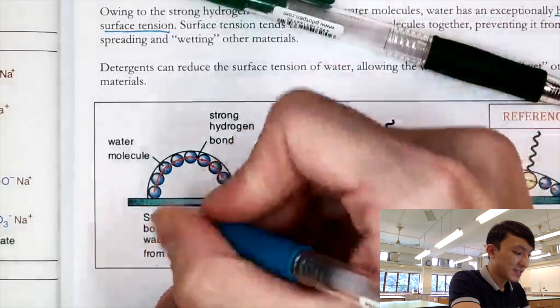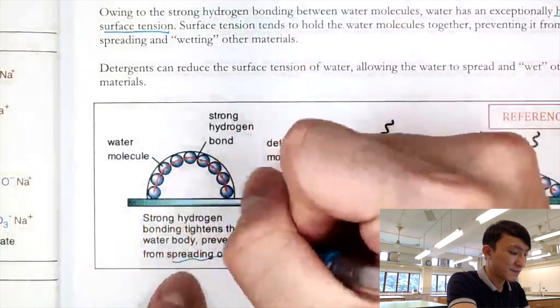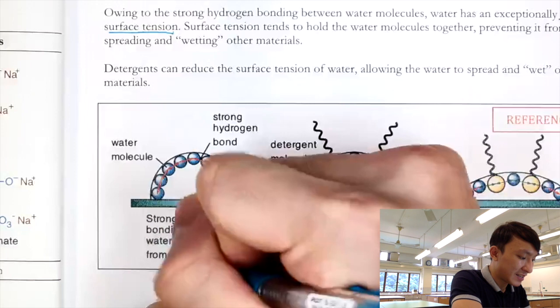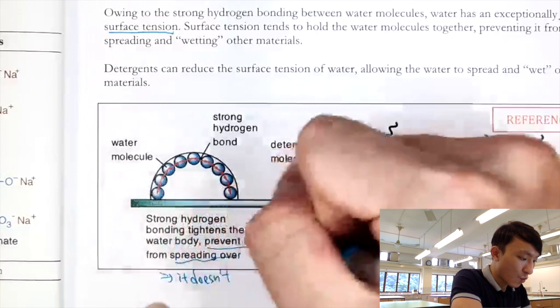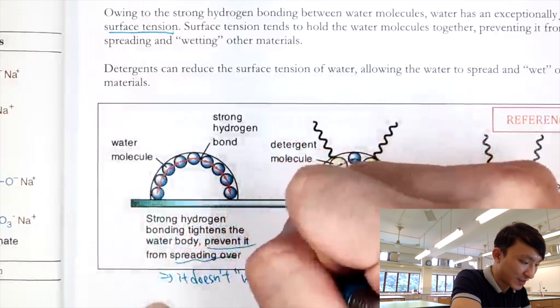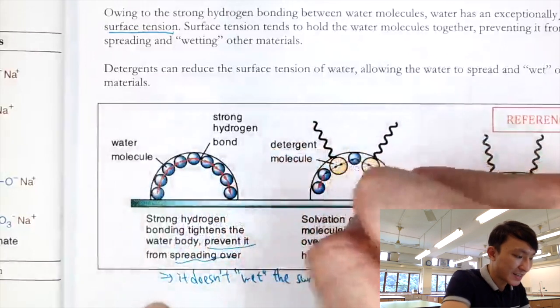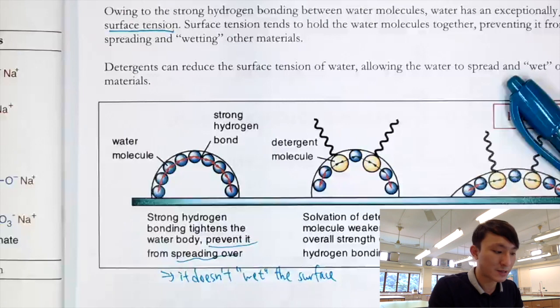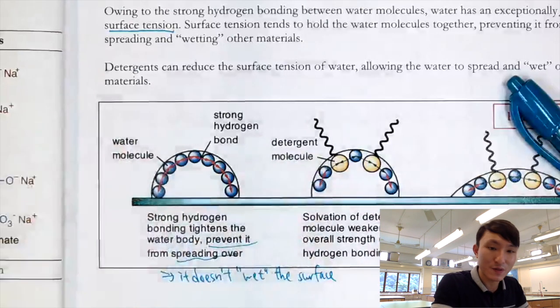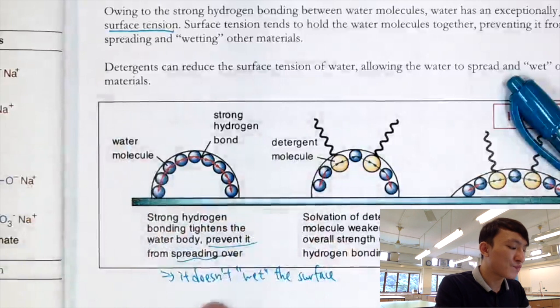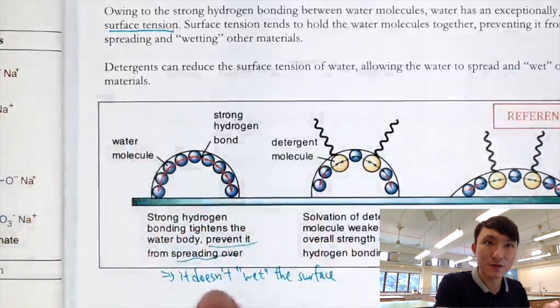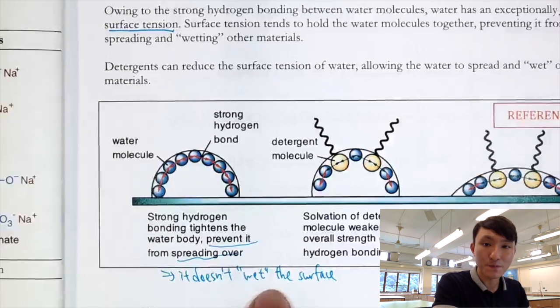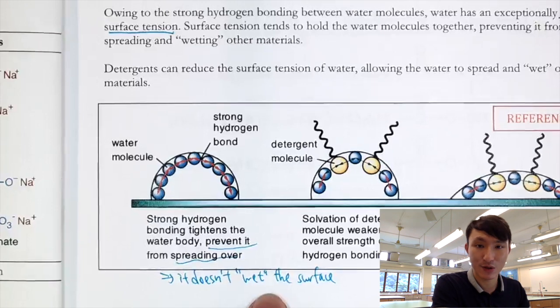Since it does not spread, it doesn't wet the surface. If this water droplet were able to spread over the surface, then the surface would be wet. Because it tightens up into a sphere, it does not wet the surface. Therefore, with a high surface tension, it doesn't wet the surface.